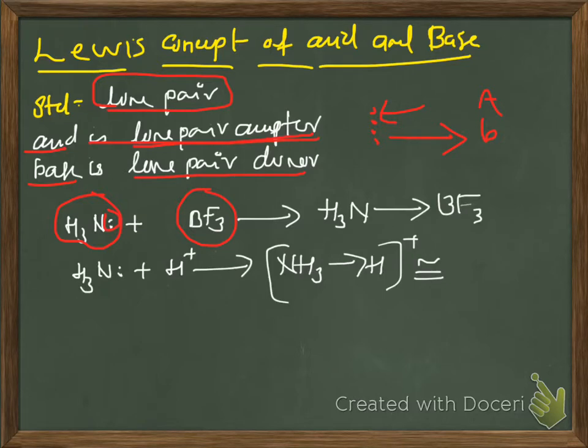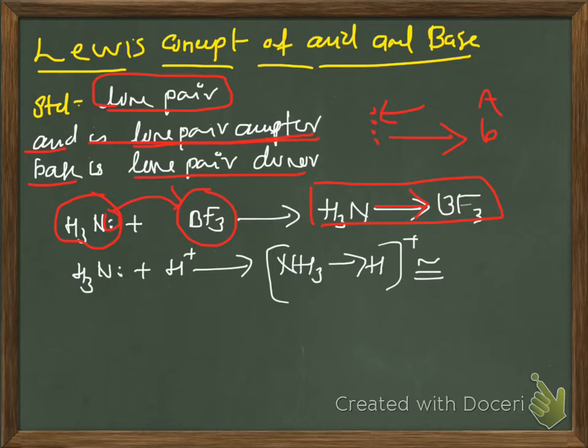So, definitely boron should have a tendency to accept a lone pair from the ammonia. Here we have shown that the lone pair is donated by nitrogen to boron by an arrow mark. Actually, that is the coordinate bond.